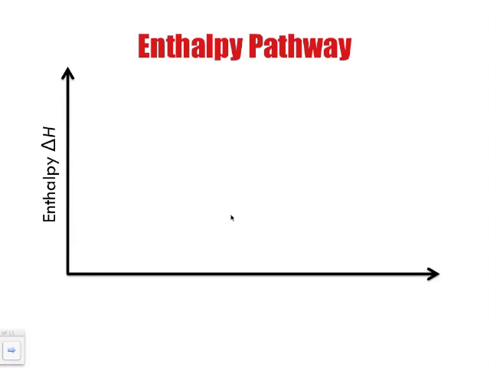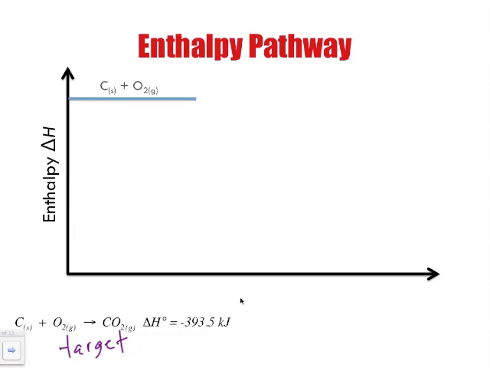Now, let's look at the enthalpy pathway for the following reaction. So here we had pretty much the combined reaction. This is what we're ultimately going to label as the target. This is the target equation we're going to be looking to achieve, this final step combining all the different intermediate steps. So what we're going to have is carbon reacting with oxygen.